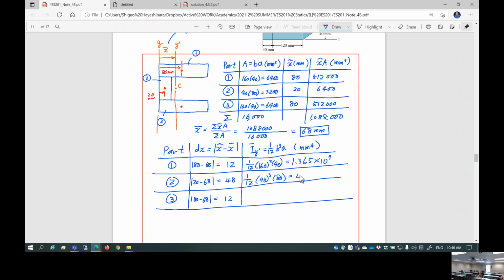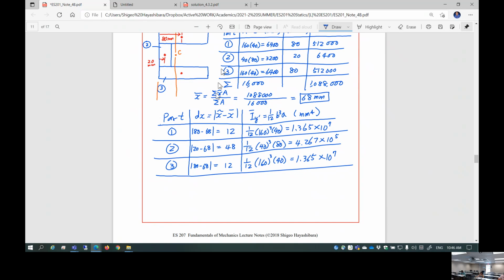This is 4.267 times 10 to the 5. This is the same, 1 over 12, 160 cubed times 40, which is 1.365 times 10 to the 7. Okay, so we are ready to go for the parallel axis theorem.